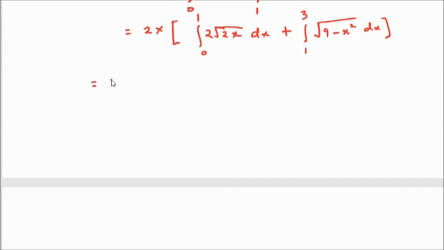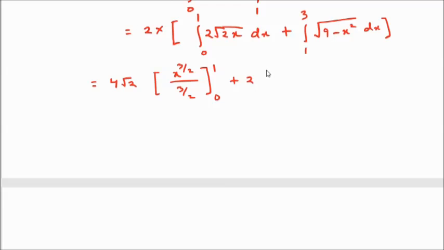So the first portion will be 4, 2 will come out, and this is root over x, so this will be x to the power 3 by 2, integration 0 to 1, plus 2 times, we know, the integration of root over 3 square minus x square.